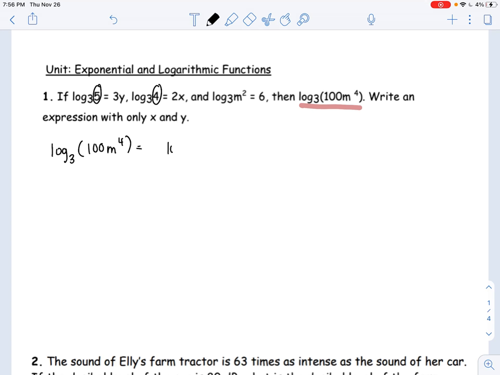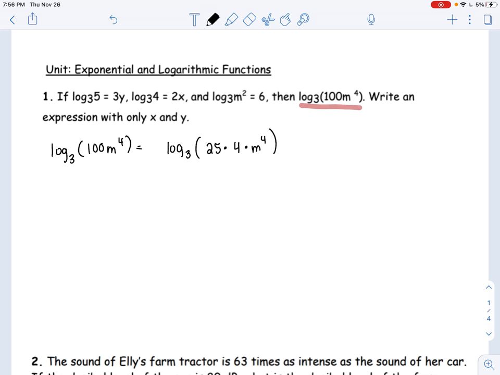So for example, log base 3, I'm going to use the values of 25 multiplied by 4. 4 is the same value that I see right here, and 25 can be written as 5 to the power of 2. So my goal is to always get them to have the same bases as what I see right here. Okay, and then I should still have that bracket with that multiplication of m to the power of 4.